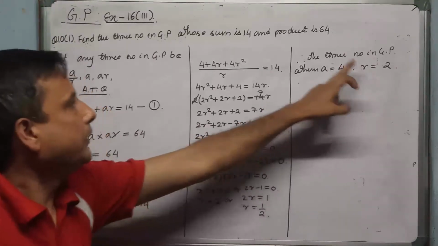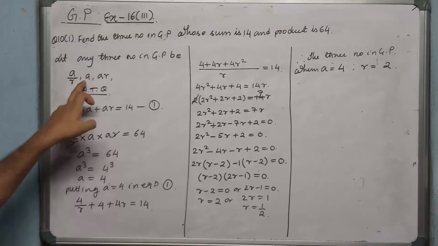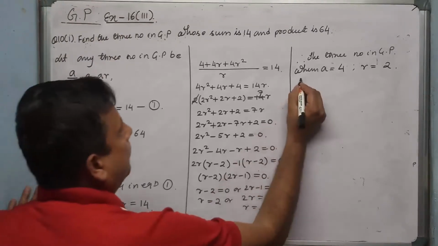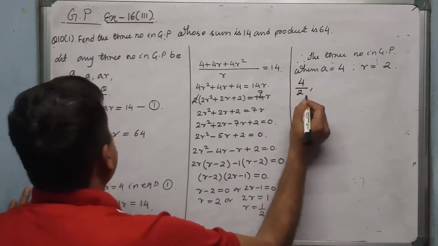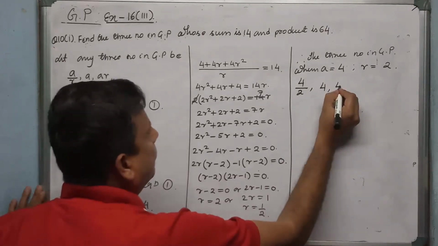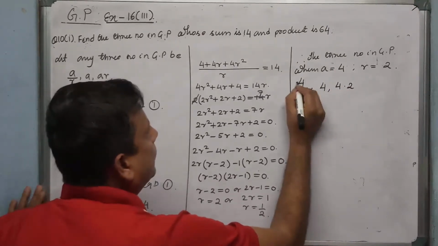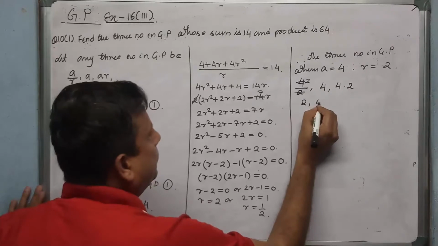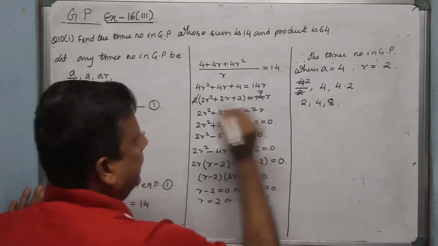Now these two values you are going to substitute over here in A by R, A, AR. 4 by 2, 4, 4 into 2: it is 2, 4, 8.